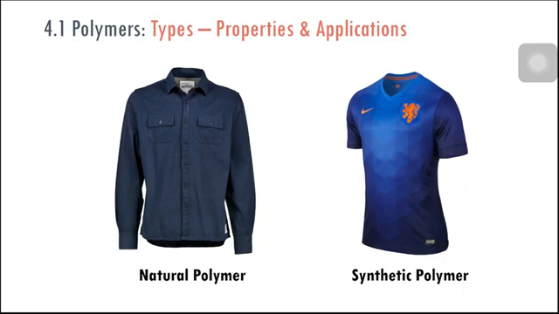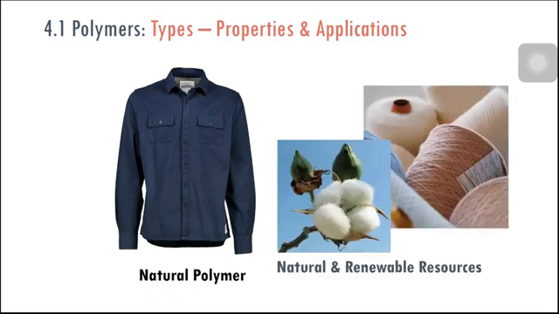Polymers can be classified in various ways. The first classification of polymers is based on their source of origin. There are two main types of origins of polymers: first, natural polymer, and second, synthetic polymer. Natural polymers occur in nature and exist in natural sources like plants and animals.